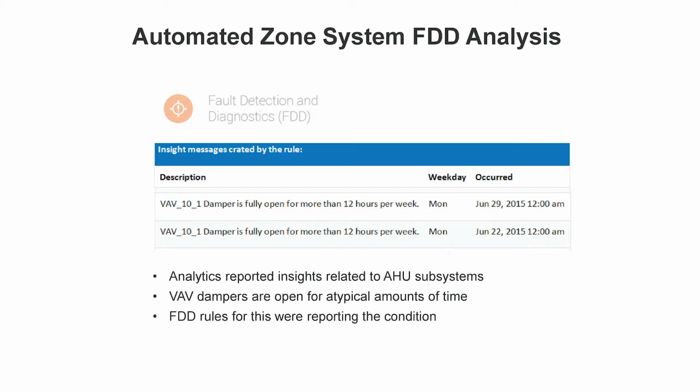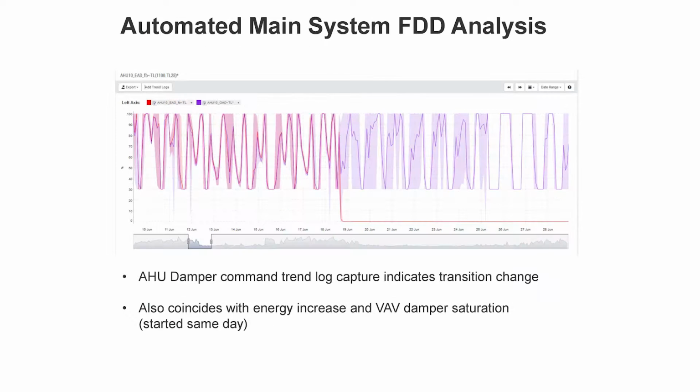Tracing it back, it ended up actually being an exhaust air damper where the electrical signal to that exhaust air damper was essentially malfunctioning, and the pressurization in the air handling unit was so low that the supply fan was ramping up to 100% and the VAVs were opening up too much over time.